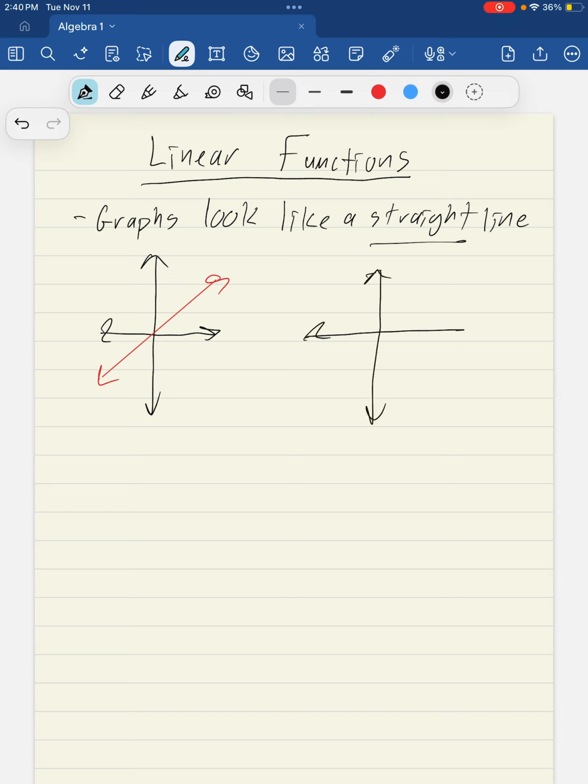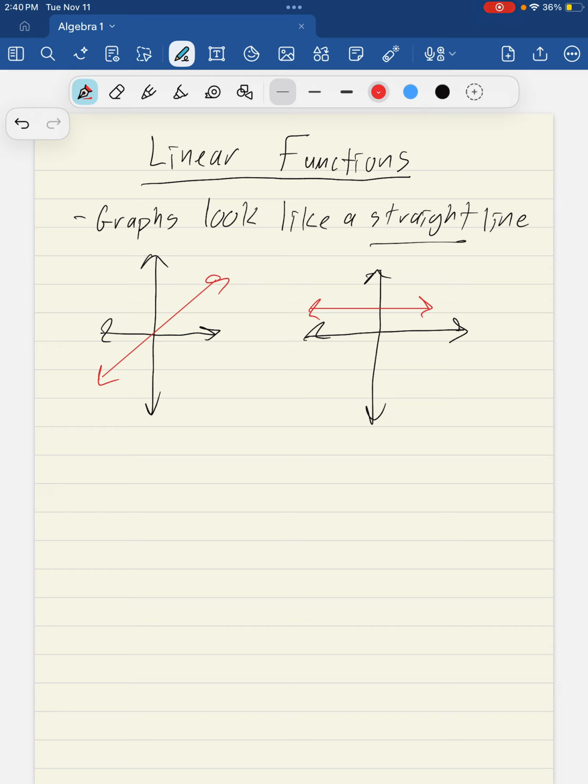It could still go left to right, like a horizontal line like that. Okay, so both of those look like straight lines and they are in fact linear functions. So graphically, just ask yourself, does it look like a straight line? If yep, it's linear.